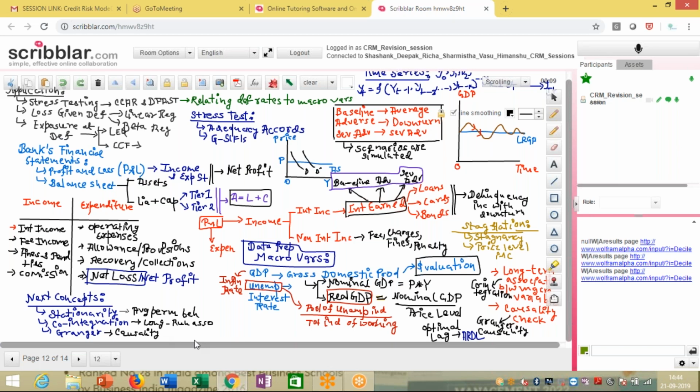So these are the three checks that you need to do, and along with this there is one more check. Once we have identified the variables, the last thing we need to do is identify the optimal lags of the variables.